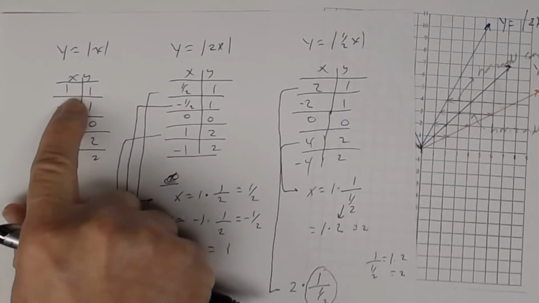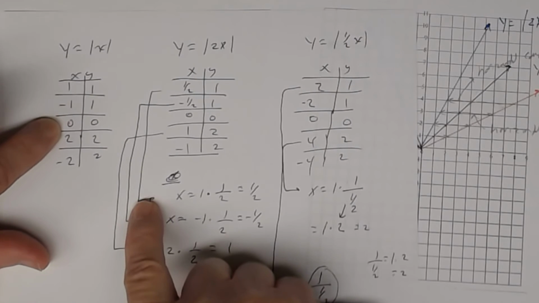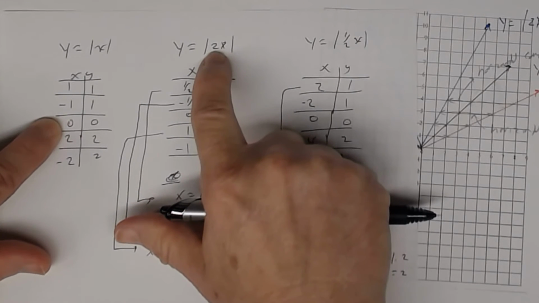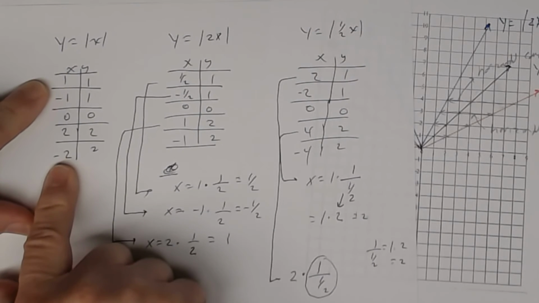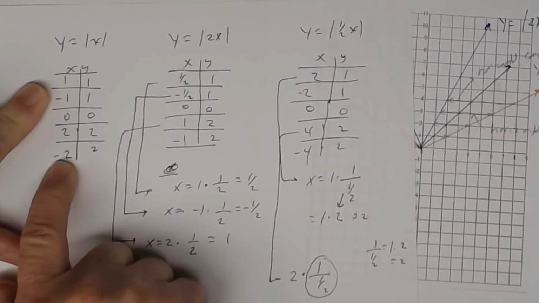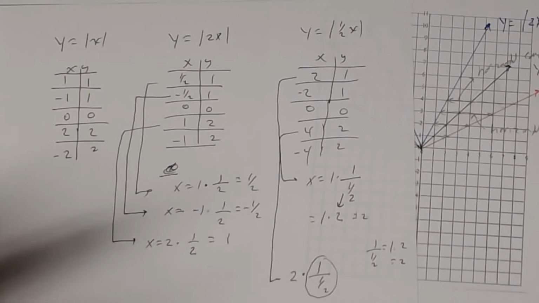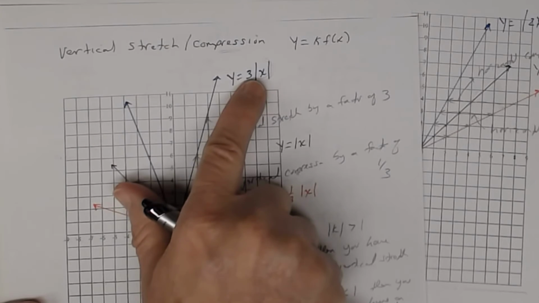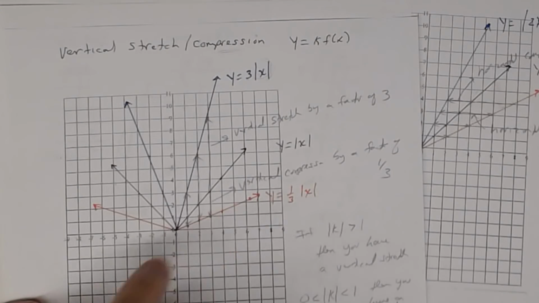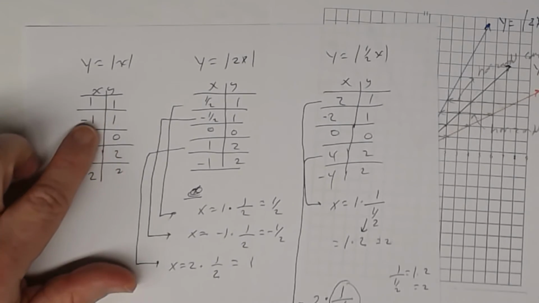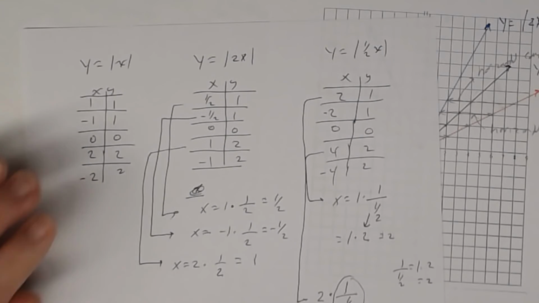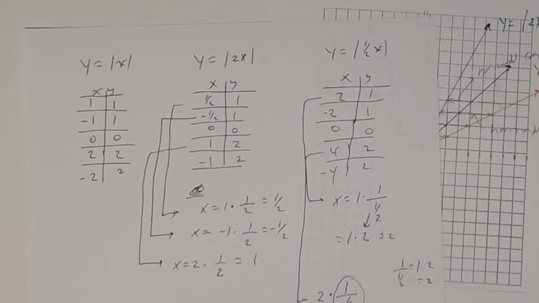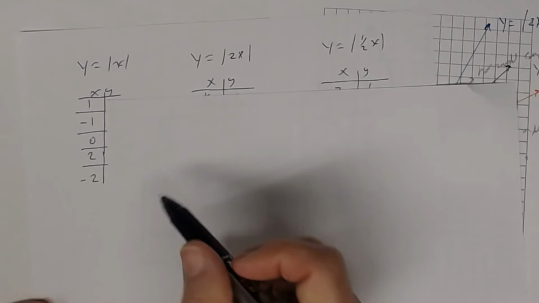You can take each of those x coordinates from your parent function, and to get this one, you're just going to multiply each of those by 1 divided by k. So always multiply the x coordinate by 1 divided by k. When you're doing vertical, you multiply the y coordinates by k. When you're doing horizontal, you multiply the x coordinates by 1 over k. So remember what I just said.